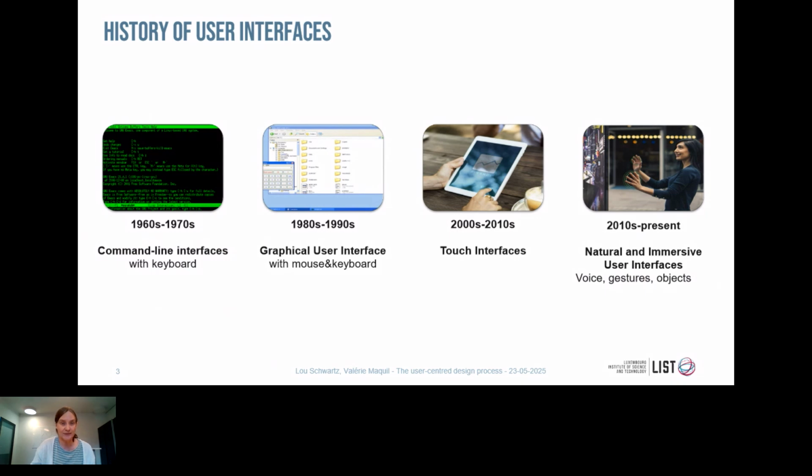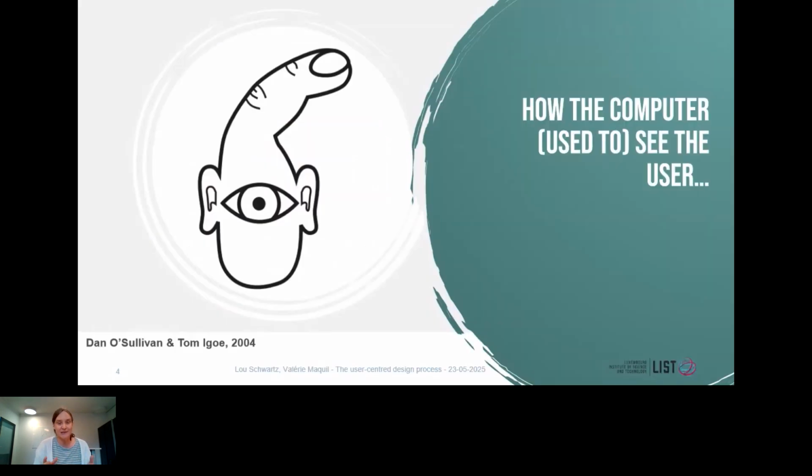So why did this shift happen? This picture summarizes it a little bit. It's a bit of an old picture, but it was done by O'Sullivan and Igo in 2004, as a response to these first attempts.